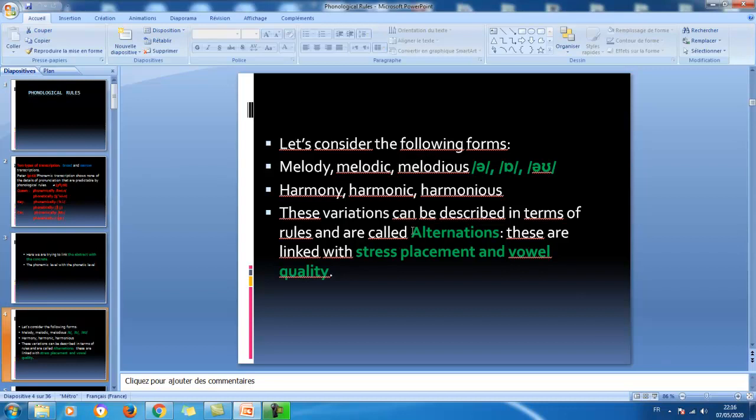These are what you call alternations, different ways of pronouncing the same bit in the stem here. So these alternations are linked with stress placement and vowel quality. We have changed the place of stress, and we have also changed the quality of the vowel from schwa to o here. So these variations can be described in terms of rules and are called alternations. These are linked with stress placement and vowel quality here.